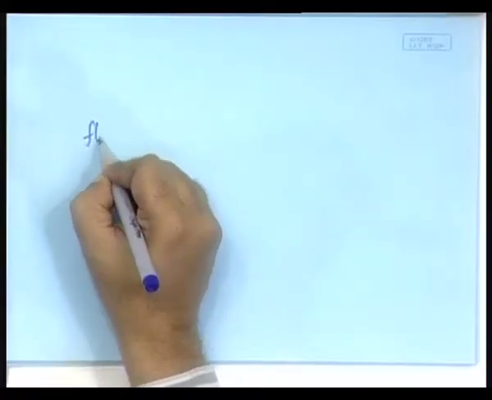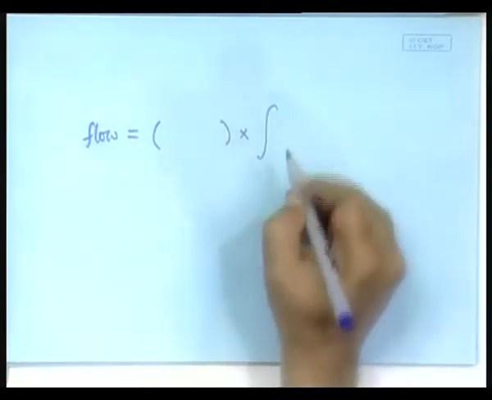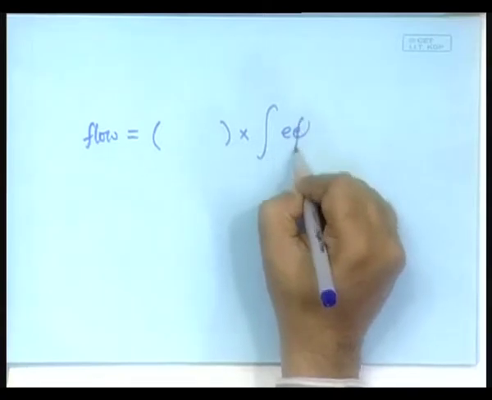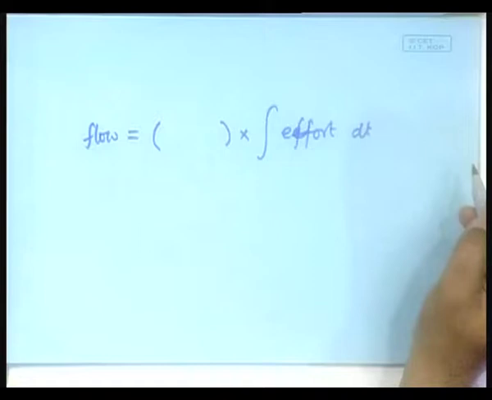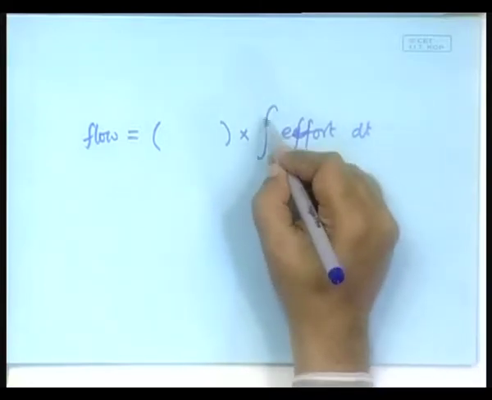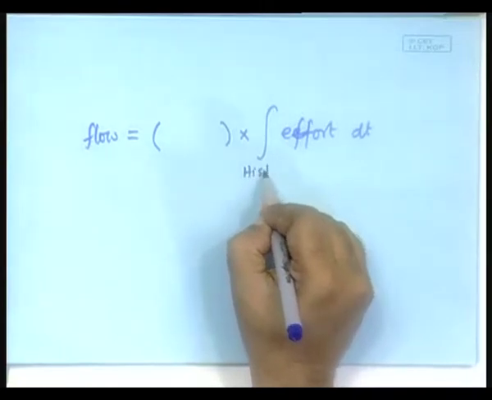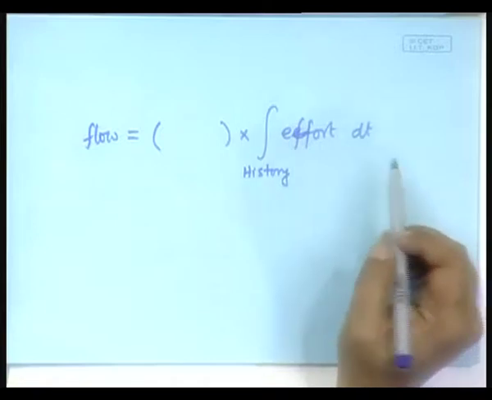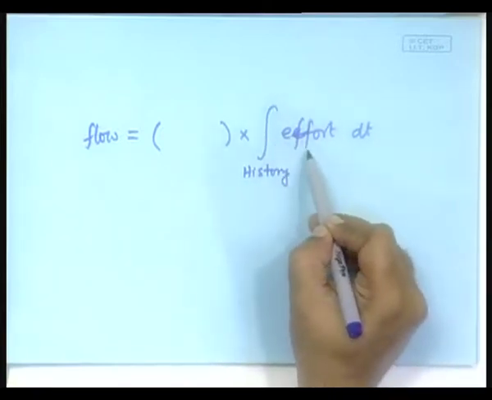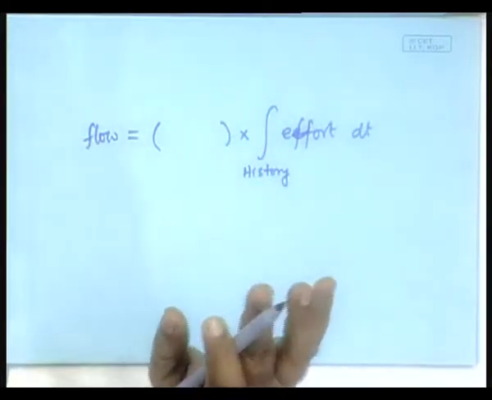In the sense that we can write the flow is equal to something times the integral of the effort, so this is an integral over the history. Therefore, the effort is the cause and the flow is the effect, and that is how we say it is a natural causality.